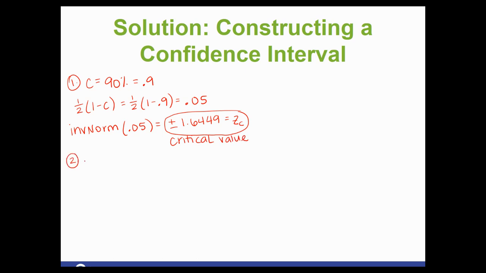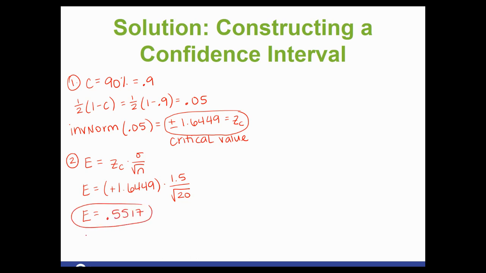Our next step is to find the margin of error. We plug in always the positive version of our critical value times our population standard deviation over the square root of n. And we get 0.5517. This is our margin of error.